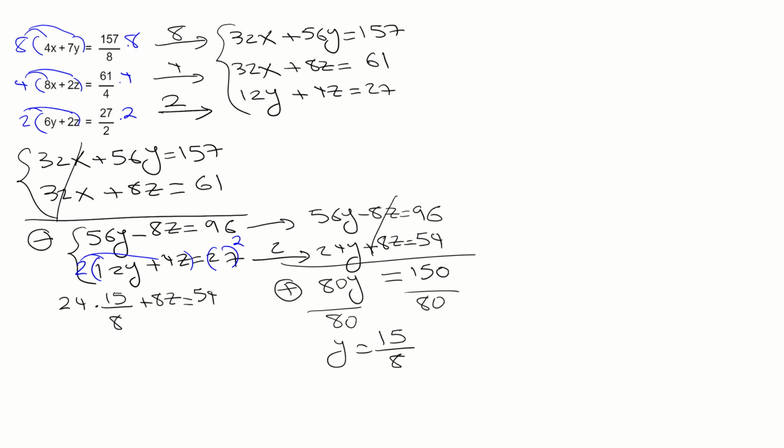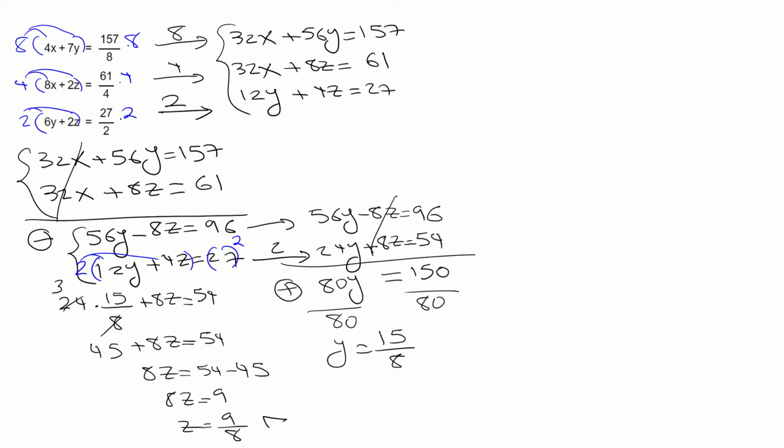And now we're going to cross cancel here to leave us 3. So we get 45 plus 8z is equal to 54. So we end up with 8z equals 54 minus 45. So 8z equals 9. So z equals 9 over 8.